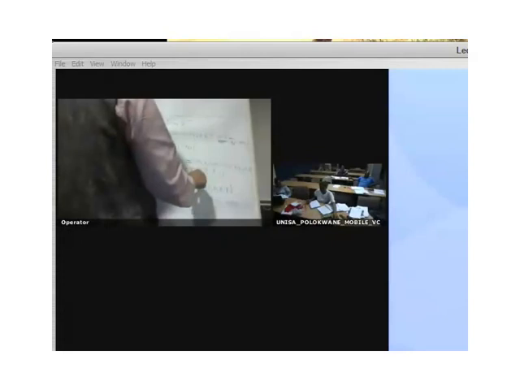So how to find it? I have shown that the kernel of F is spanned by these two vectors. And I can immediately see that these two vectors are linearly independent. Okay? Why? Yes, sir.